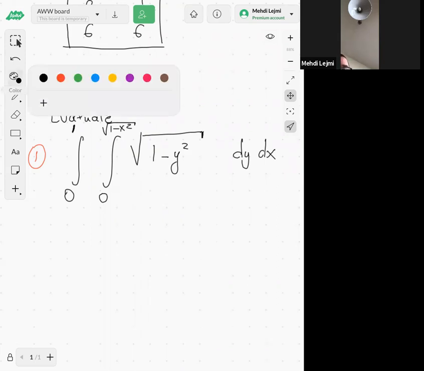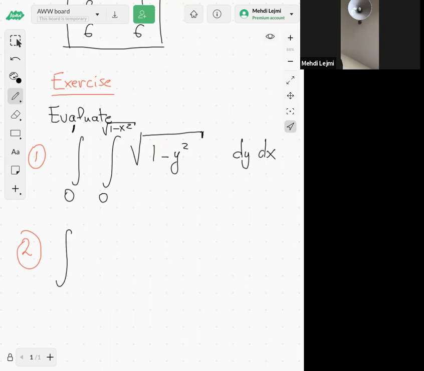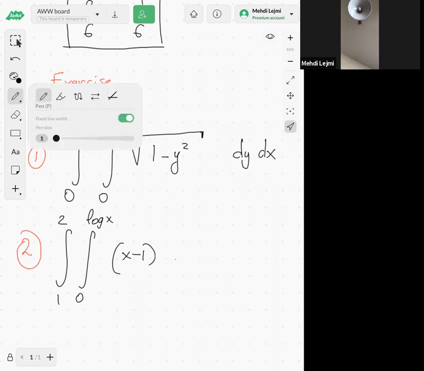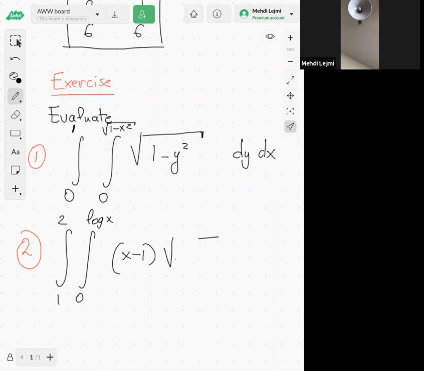Number 2, again a double integral, from 1 to 2, 0 to log of x. Here I'm going to have x minus 1 times the square root of 1 plus e to the 2y, dy dx.